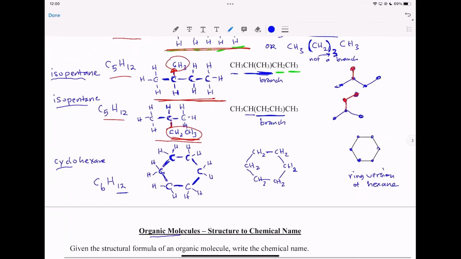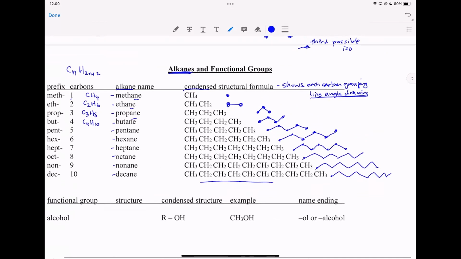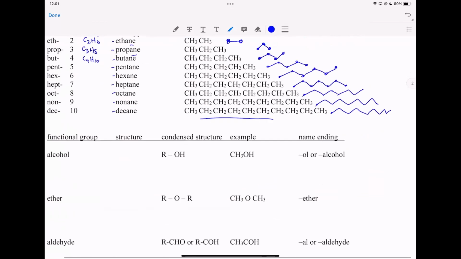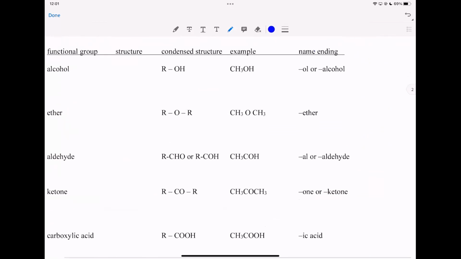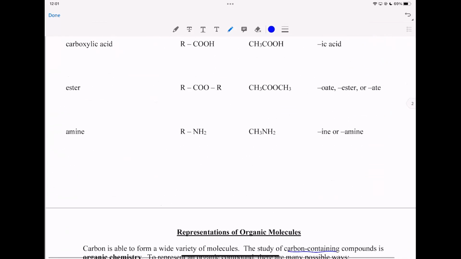So that's going back to here. The starting point of these alkane family names, you'll notice they all end in ane, okay? And we'll build from that. Also, as far as this worksheet, these functional groups here, we're gonna work on in the next lecture. So save this worksheet, you'll see it in next lecture.